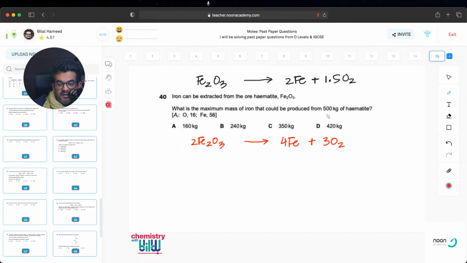And they're saying, what is the maximum mass of iron that can be produced from 500 kilograms of hematite? 500 kilograms is 500,000 grams. Now, can you solve this for me and tell me what the answer is? I'll wait for a minute.